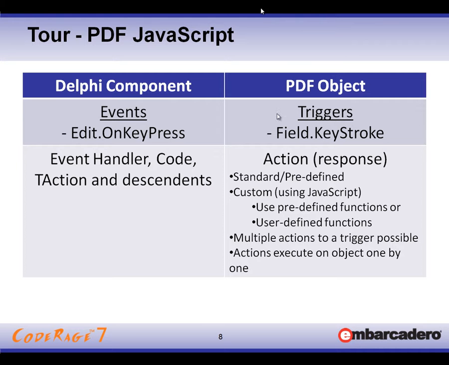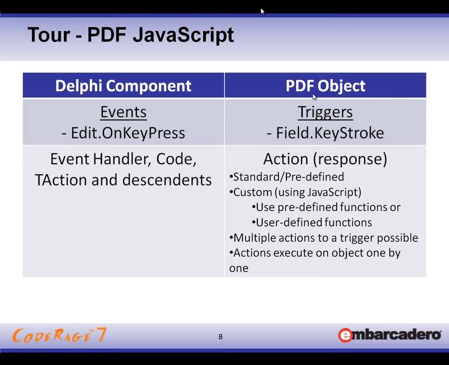So starting from the top, the PDF object, in this case our form field, is similar to a Delphi component, let's say an edit control. Just as the Delphi control has events, PDF objects have triggers, or that's what they're called in PDF terminology.